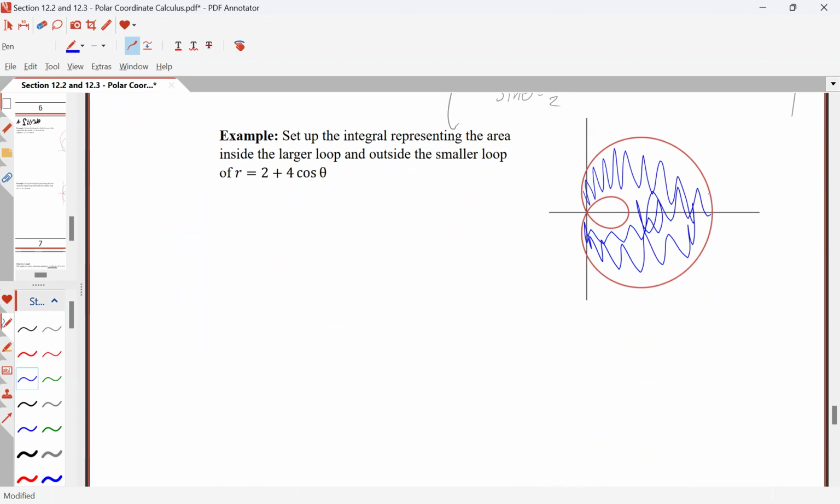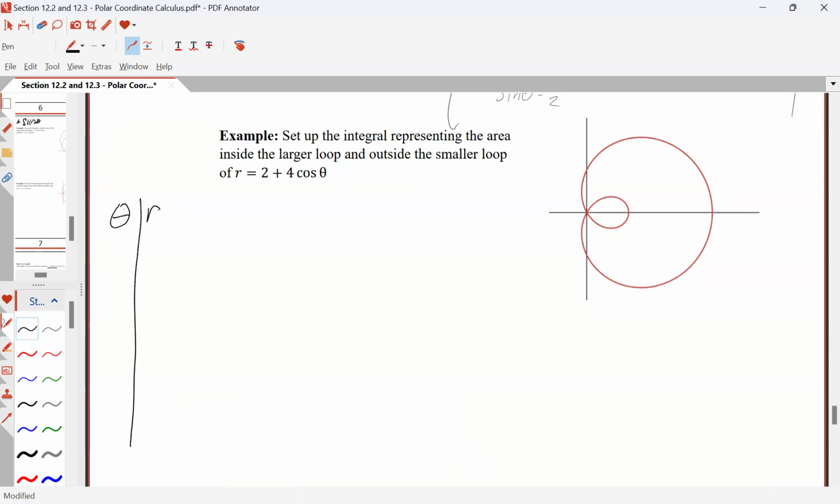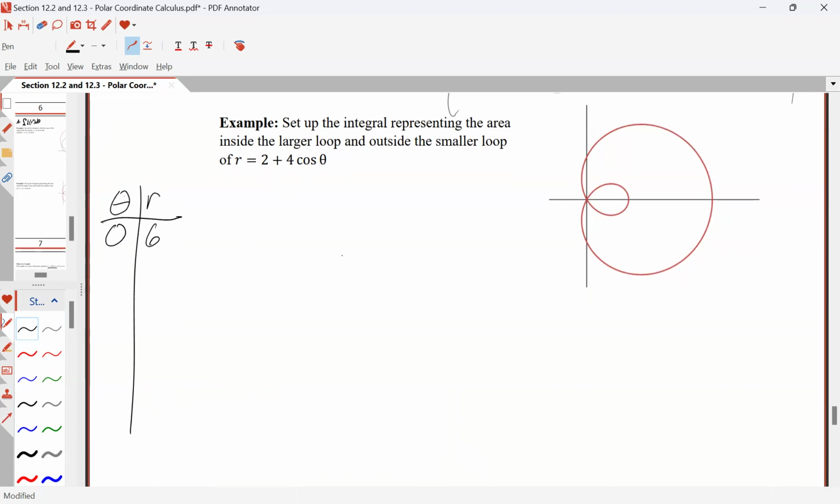is set up a table of values. In our table of values, I'm going to pick the things that make cosine 0, 1, or a half. So when theta is 0, we'd have r being 6, because 2 plus 4 is 6.